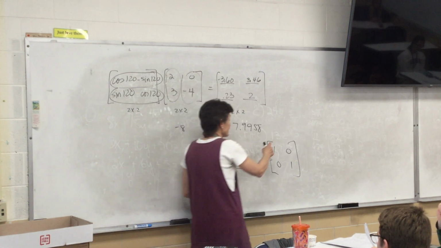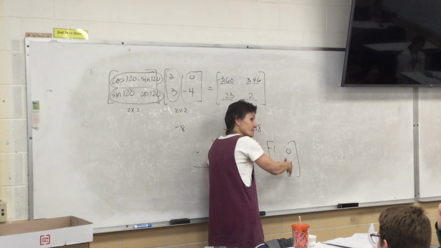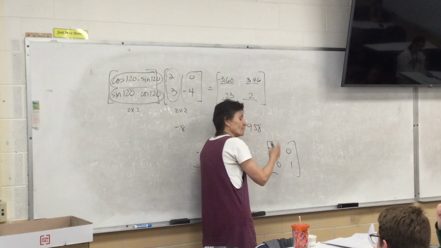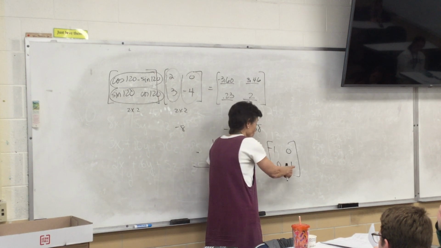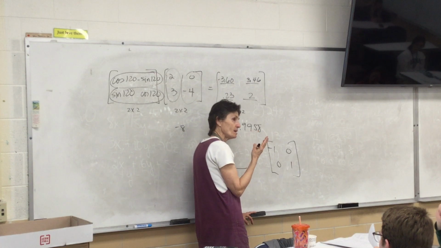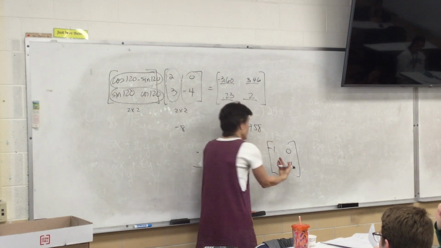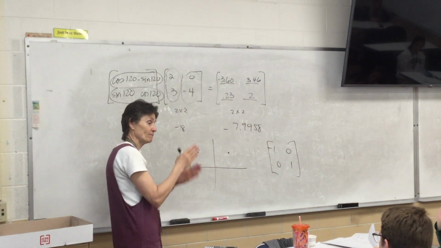Remember, these are i and j. i is horizontal, 1, 0, j is 0, 1. So if you're changing x, you're going to change this. If you're changing y, you're going to change that. If you are interchanging them, making y and x, then you just write y first and then x.